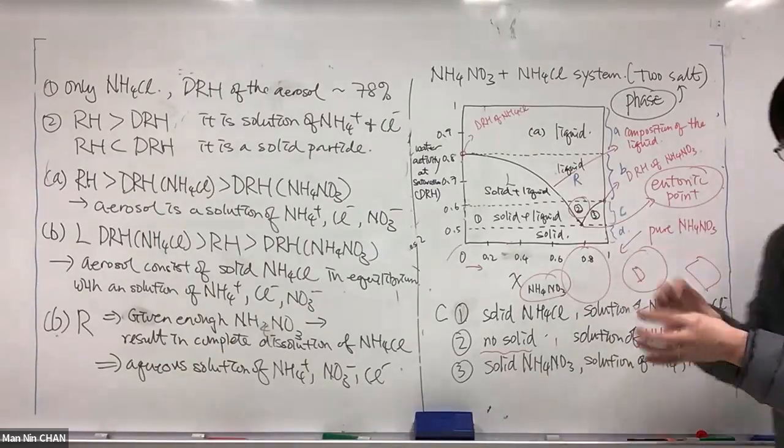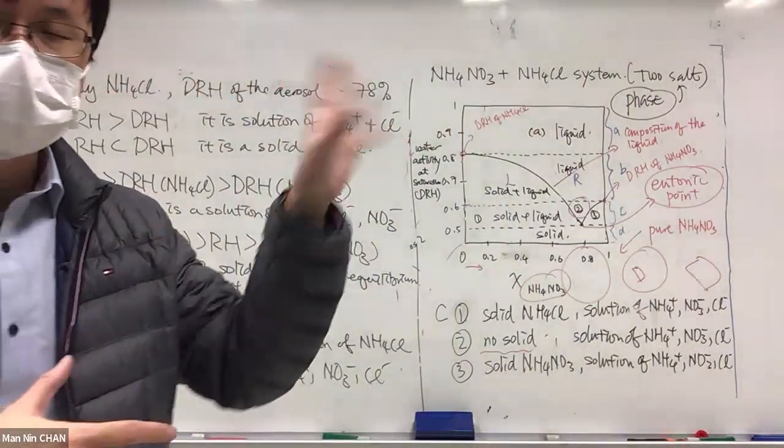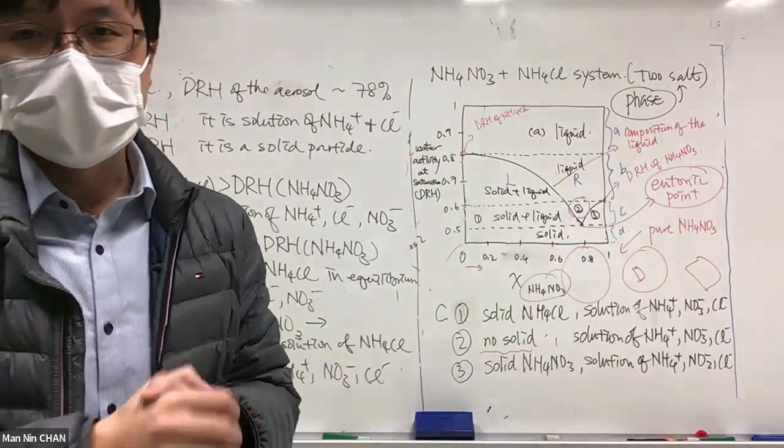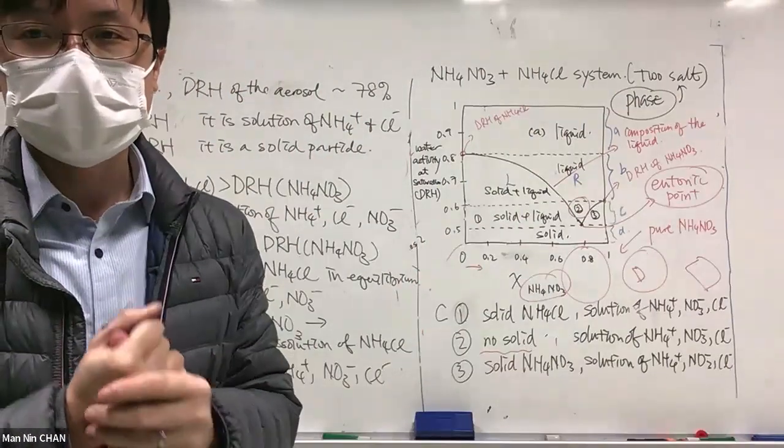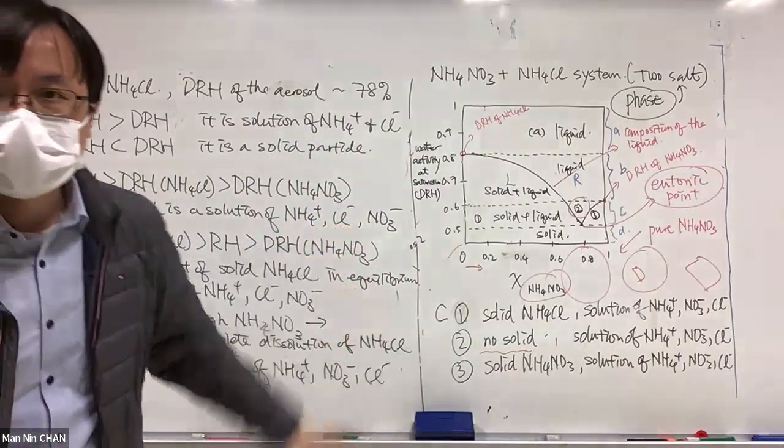So you can have solid and liquid coexisting in the system. That will have some implication for your reaction or gas-particle partitioning calculation. I think this is very much what I want to cover for today.